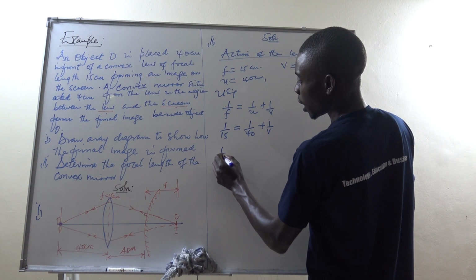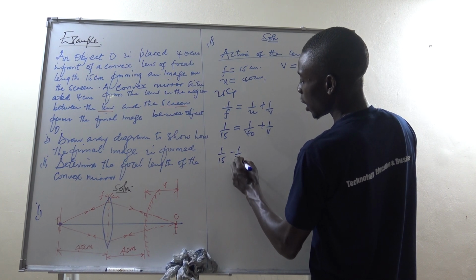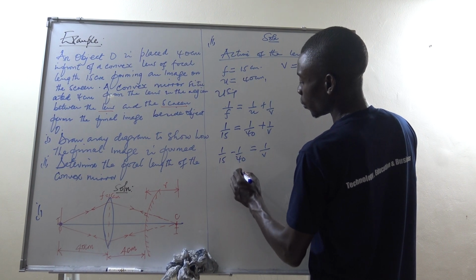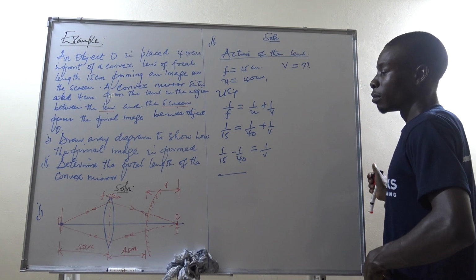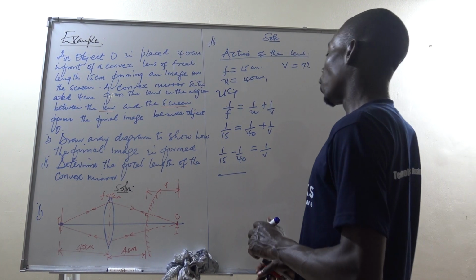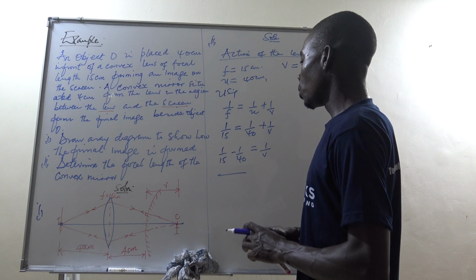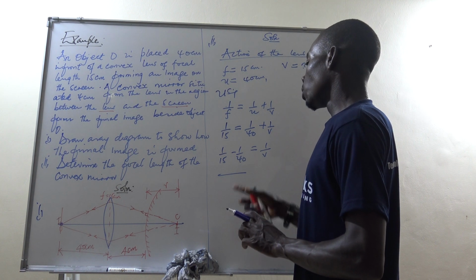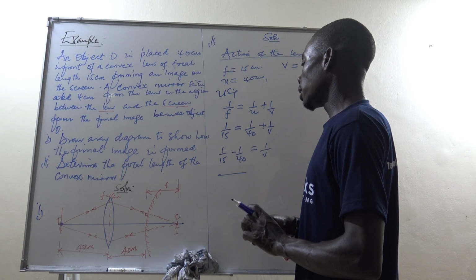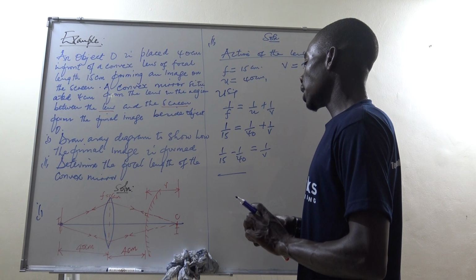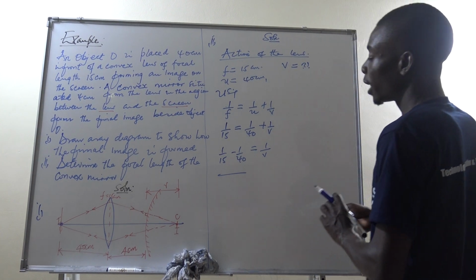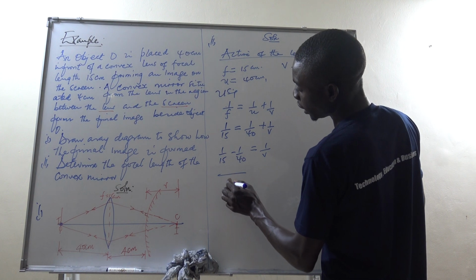Let me move slowly. 1 over 15 minus 1 over 40 equals 1 over V. What is my LCM? You can look for the LCM, which should be, let me see, 30, 60, it will be 120, eh? Should be 120.